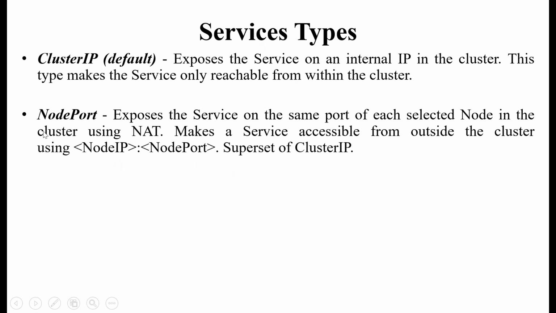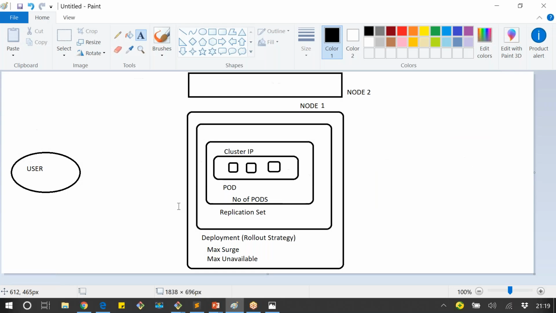Suppose you define the service type as NodePort, then we can use the node's IP address with the published port, and the user can access it. So the node IP address and the node port are what we use.